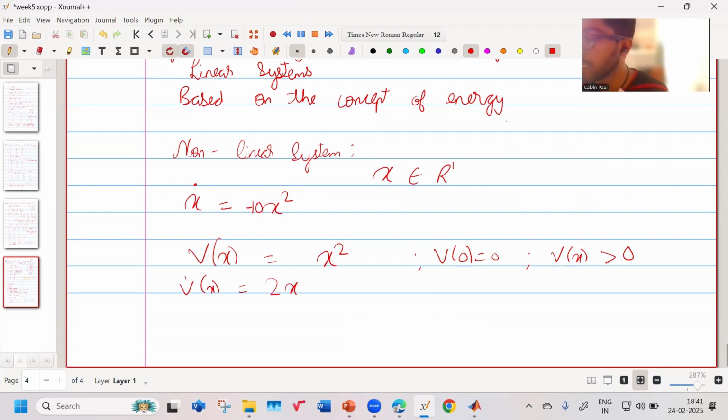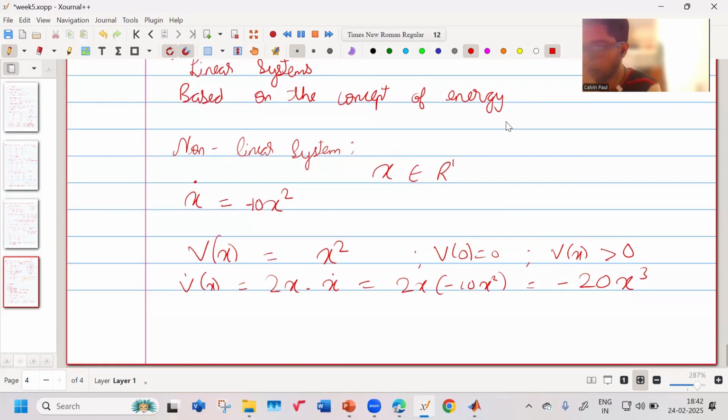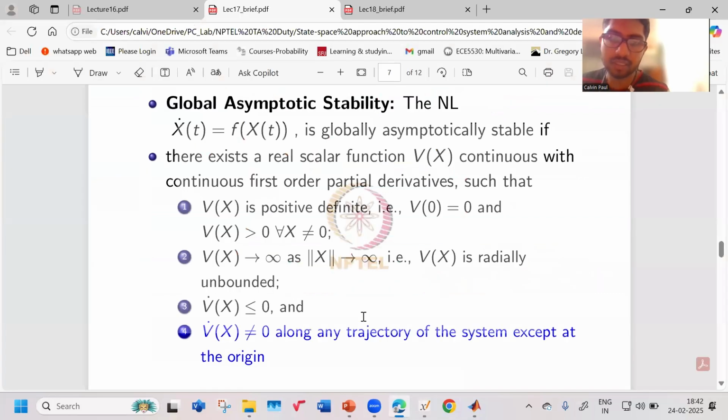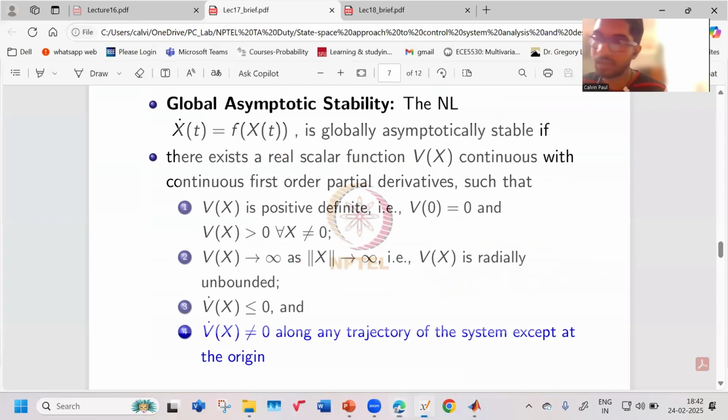So now let us find the derivative, v dot of x. That is 2x into x dot. So this is equal to 2x into minus 10x square, so this is minus 20x cube. So what can we say about this? Now our v dot of x is minus 20x cube. They are saying that v dot of x has to be less than or equal to 0.